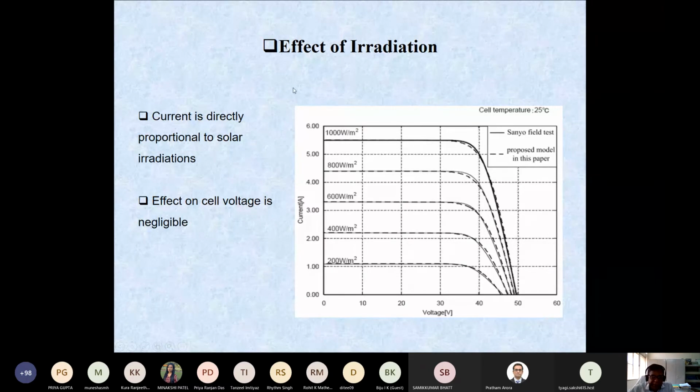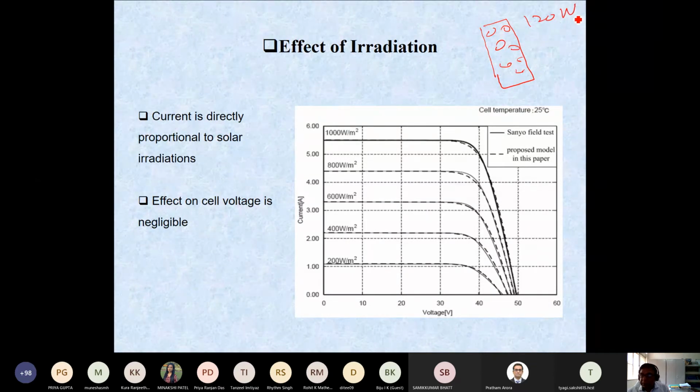Let me tell you what happens. Suppose you go to the market and you buy a module, and this module is specified by some rating, suppose 120 watt.